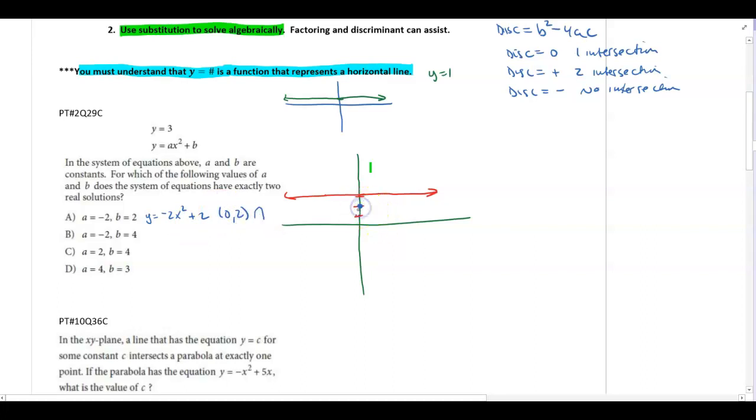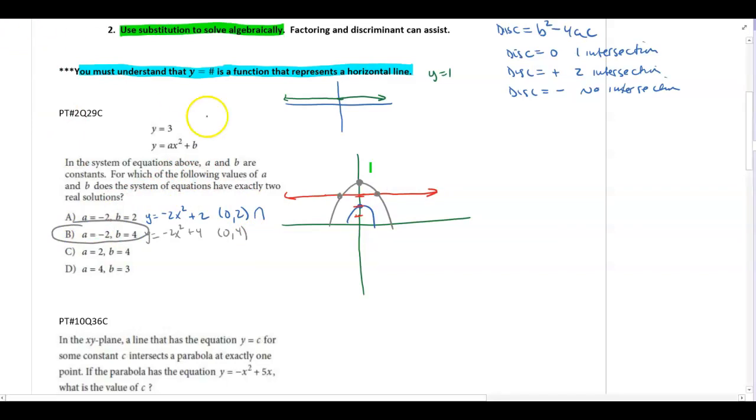If I plot 0, 2 and it opens down, will that ever intersect the line? No. The next one is negative 2x squared plus 4. This has a vertex of 0, 4, and because a is negative, it's going to open down. So right away, this would have two real solutions, so letter B would be my answer choice.